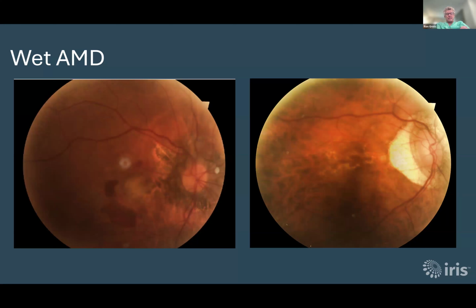The same medicines that we use to treat the blood vessels from diabetes are the same ones that we can use to treat this. And there is the potential to improve. You're never going to get it back to normal, depending on what part of the retina and the macula is affected, but you can certainly keep it from getting worse and try to improve it as much as possible.